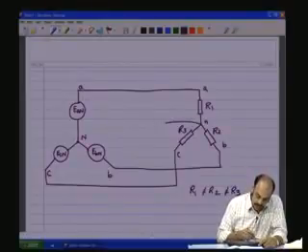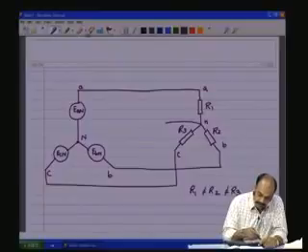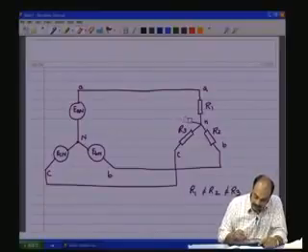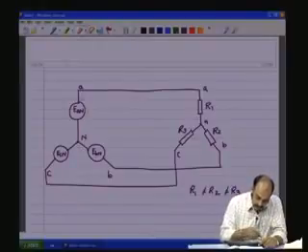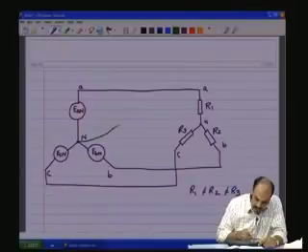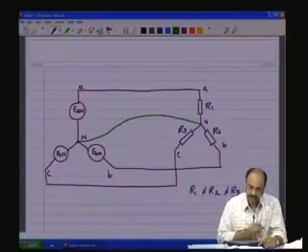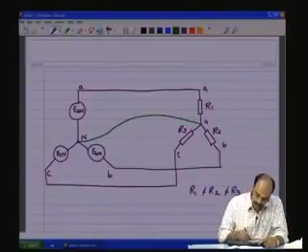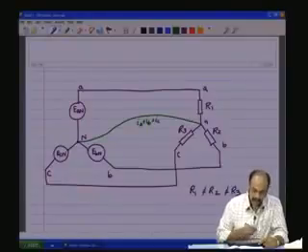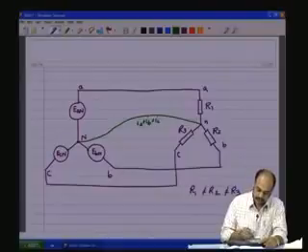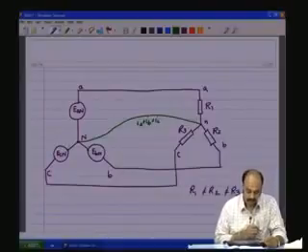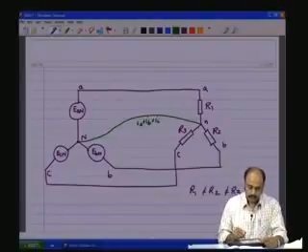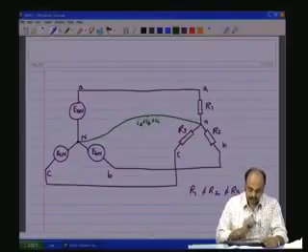So, if we make a connection between the neutral of the source and the neutral of the load, then the IA plus IB plus IC instantaneous values will flow through this, and that will have an RMS effective value, and this value will not be equal to 0.